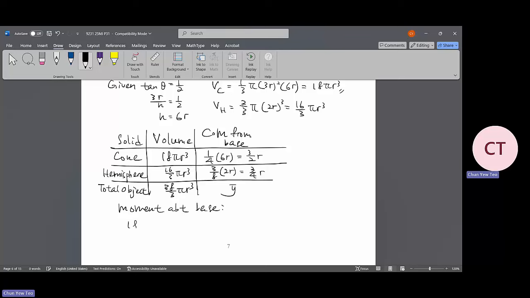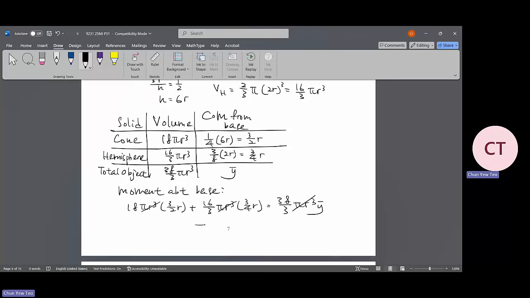Then you just get 18 by r cubed times 3 over 2r plus 16 over 3 by r cubed multiplied by 3 over 4r is equal to 38 over 3 by r cubed bar y. So r cubed, r cubed, r cubed can all be cancelled. So your bar y is actually equal to the, oh, sorry, I made a mistake here.